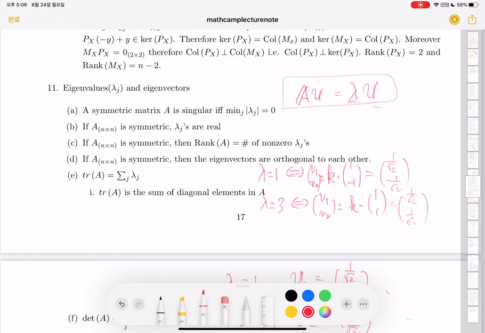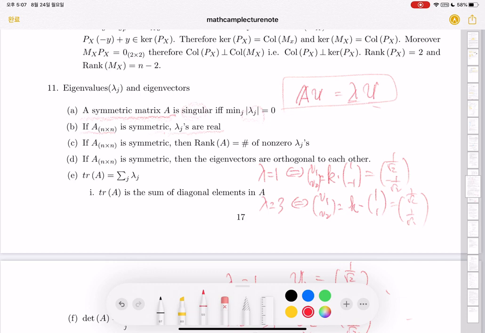There are properties that eigenvalues and eigenvectors have. First one is this: if a regular matrix is symmetric, then eigenvalues are real. It means if they are not symmetric, eigenvalues may be complex. A symmetric matrix is singular if and only if the minimum value of eigenvalues is 0.